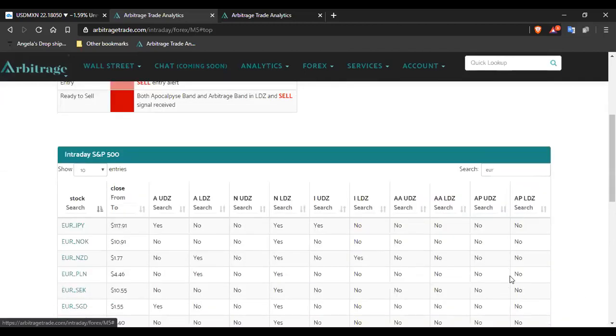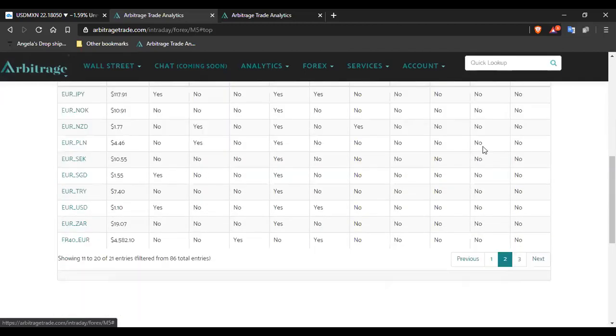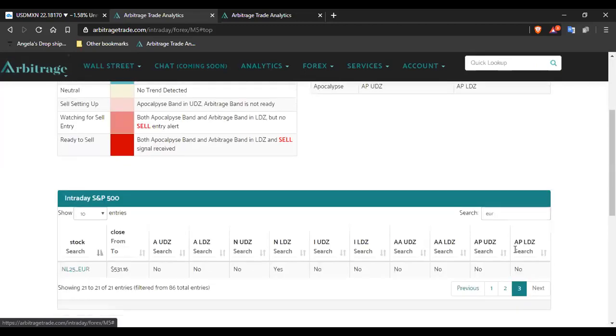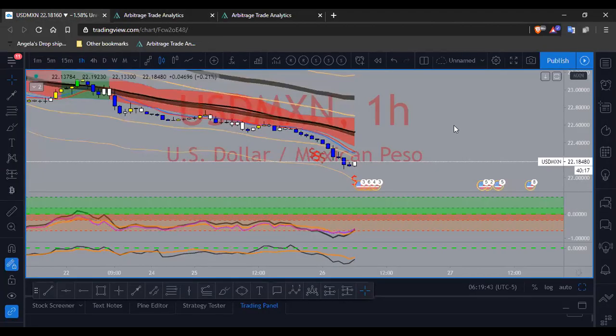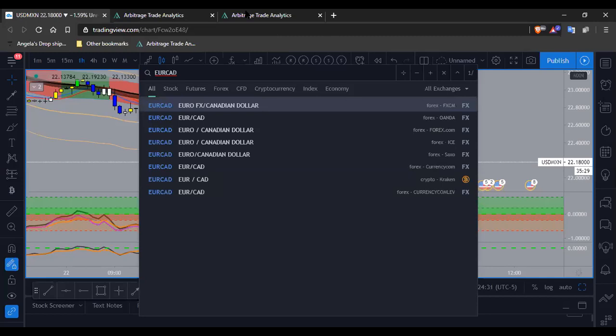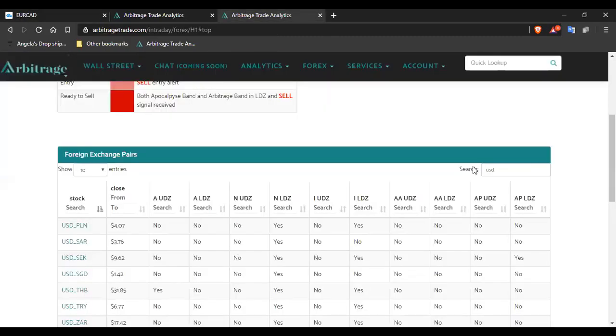No. Everything's a no right here. Yeah, apparently Euro CAD and USD Mexican are the only ones that have price, on the 1 hour time frame at least, at the upper or lower danger zone.